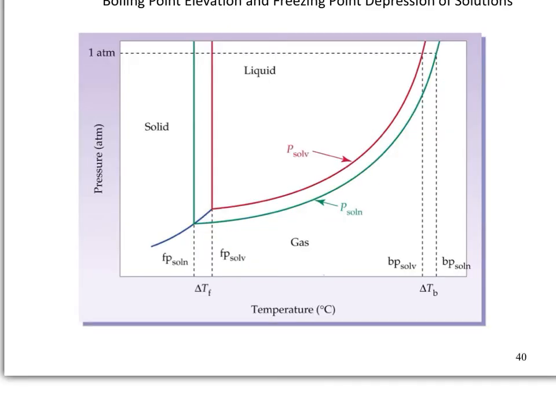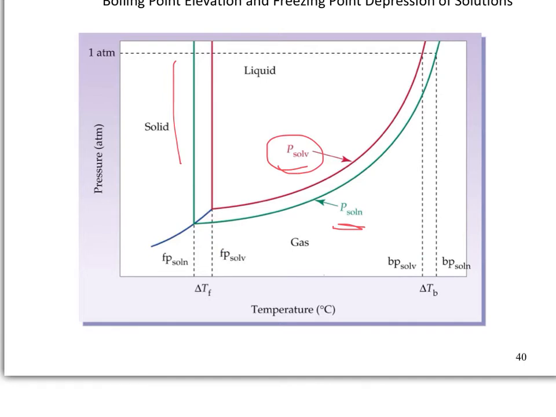So this is the better looking curve, but I also wanted to show you, kind of hands-on, what happens. You can see here that the vapor pressures of the pure solvent are higher than the vapor pressures for the solution, and this effect is seen over a range of temperatures. Notice it's throughout the curve that we are seeing this.